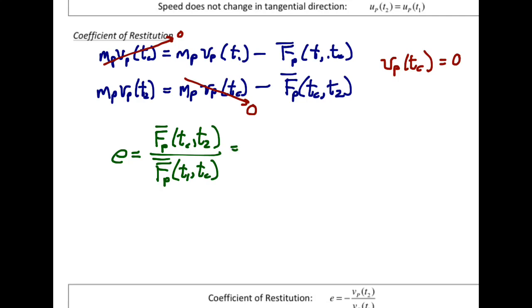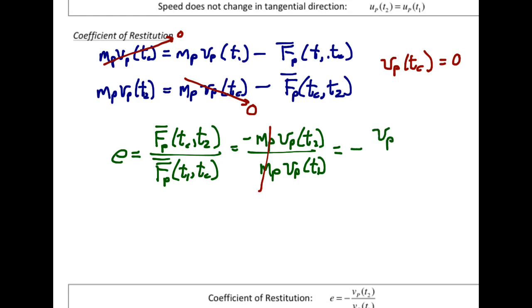And so when we substitute these in, we get a negative mp, the speed of p at time 2, divided by mp, the speed of p at time 1. We see that our masses cancel, and that gives us the final expression where the coefficient of restitution is equal to negative the speed of p at time 2 divided by the speed of p at time 1.